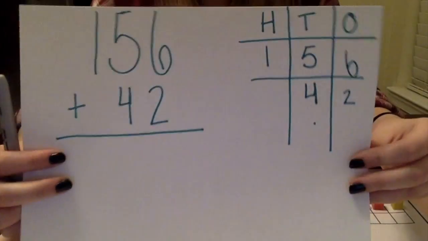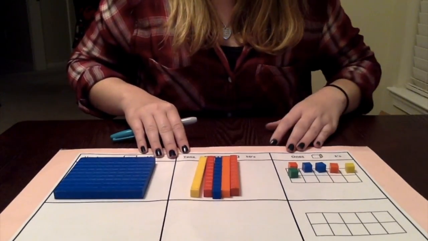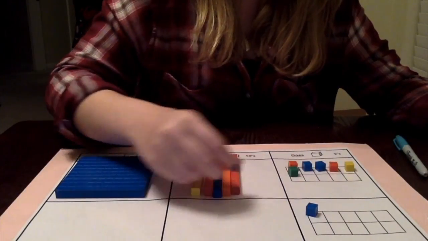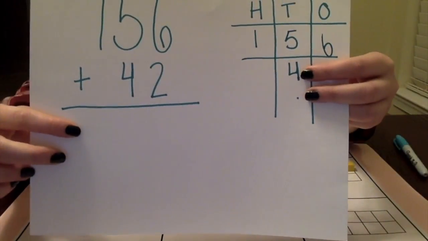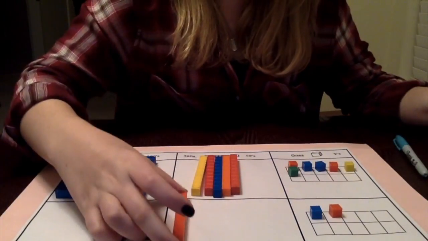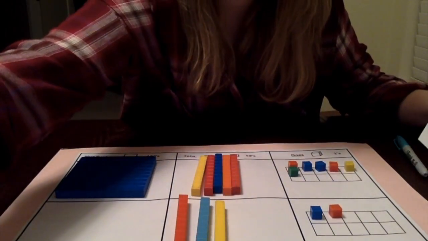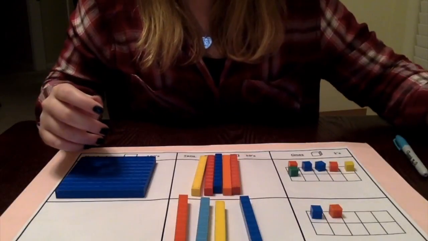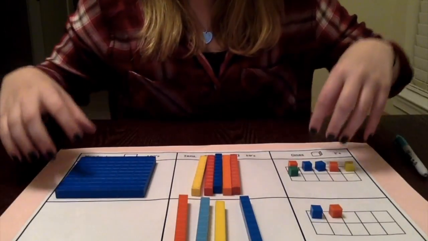So now I have 42, and so I'm going to add that in our base 10 blocks onto our mat. So I'm going to start with our ones place, and we have 2 ones. So 1 cube and 2 cubes, 2. And now I'm going to look at our tens place, which is 4. So 10, 20, 30, and 40.